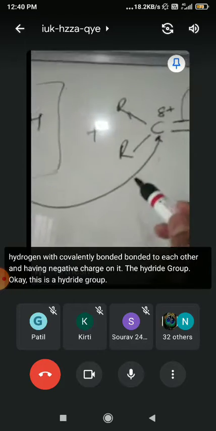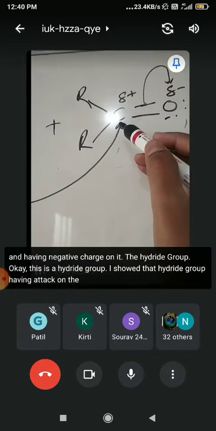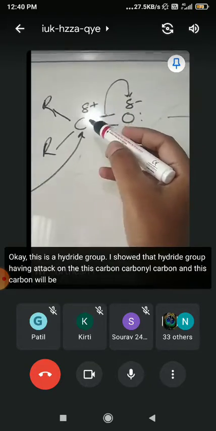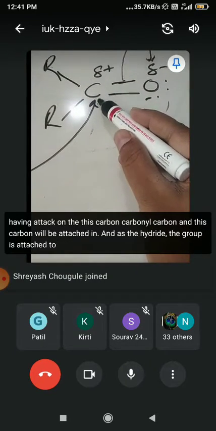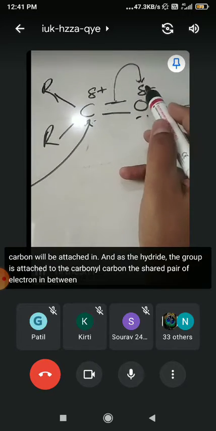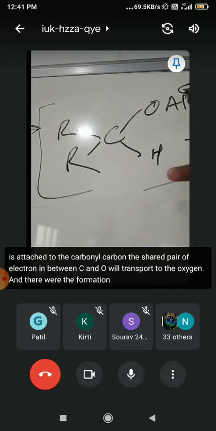I showed that the hydride group attacks the carbonyl carbon, and as the hydride group attaches to the carbonyl carbon, the shared pair of electrons between C and O transfers to the oxygen, and the formation of such a moiety takes place.